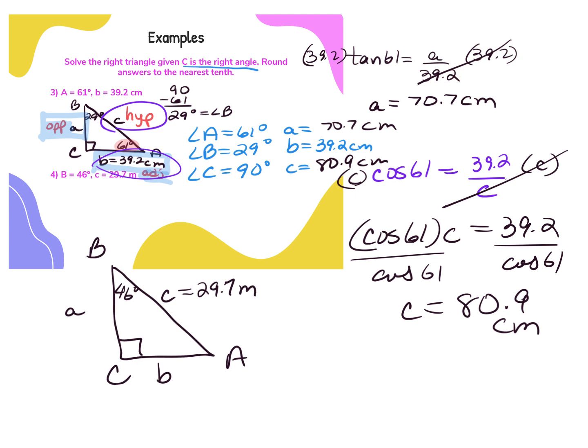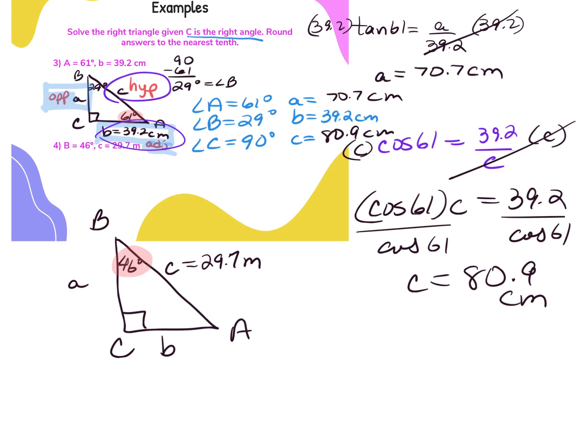Again, I'm going to label my sides with opposite, hypotenuse, and adjacent based off the 46, the given acute angle. So now, little b in relation to that angle is opposite, c is the hypotenuse, and little a is the adjacent.